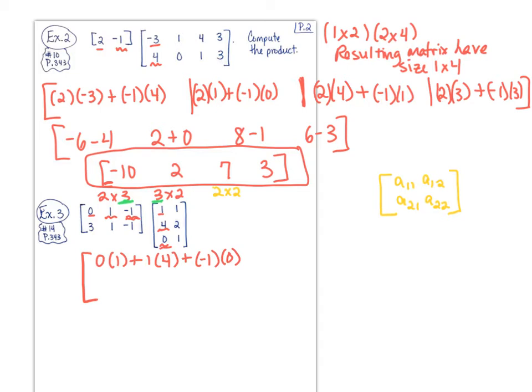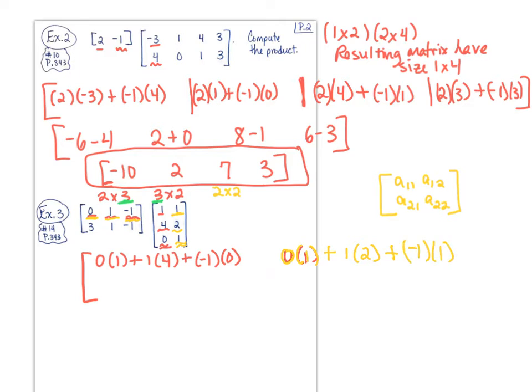What's your 1, 2 entry going to be? 0 times 1, so this one times this one. Plus 1 times 2. Plus negative 1 times 1. All right.